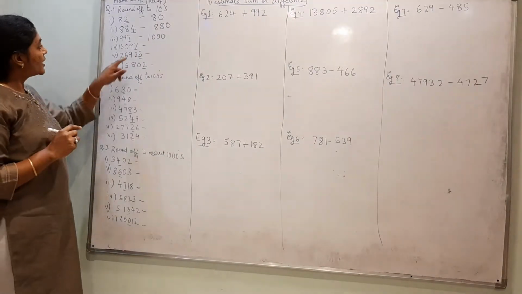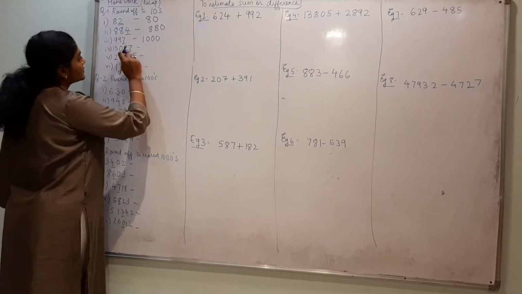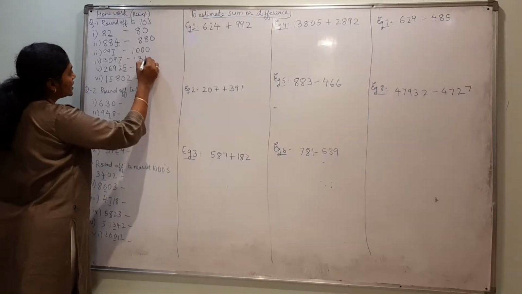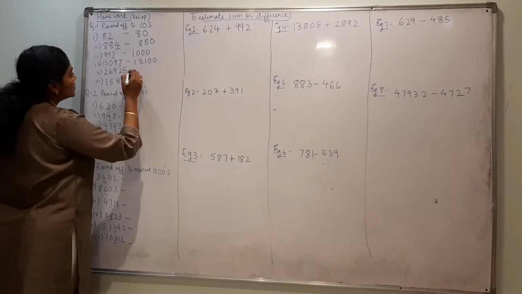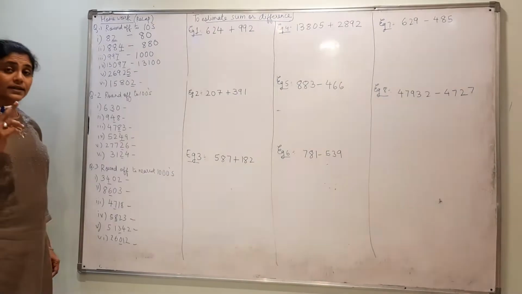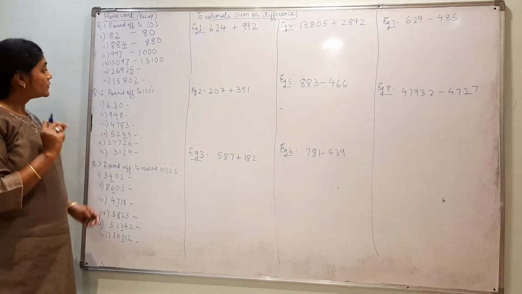right? Again this is more than 5, add 1 to it, this will be 13100. See, whenever it is 5 or greater than 5, then also you have to add 1.